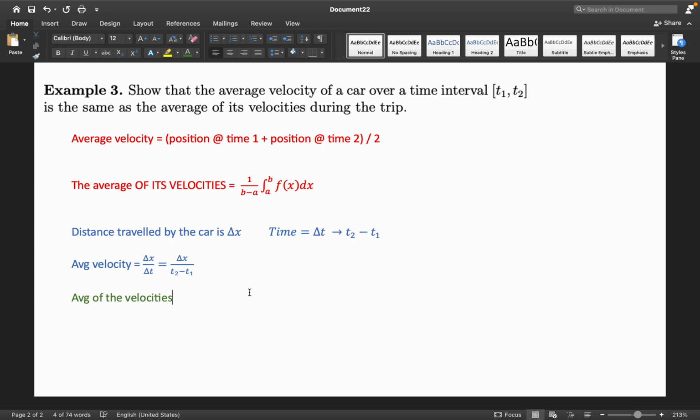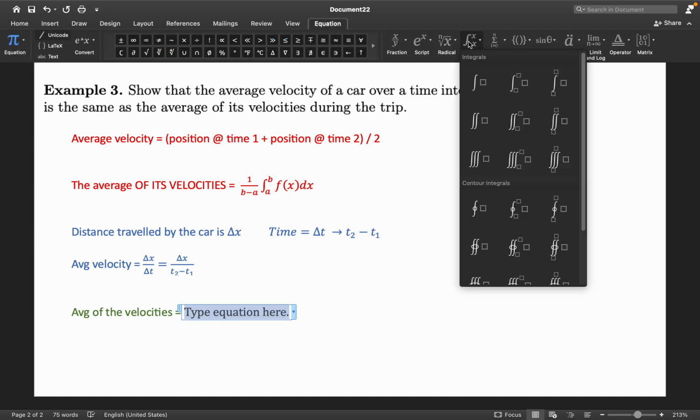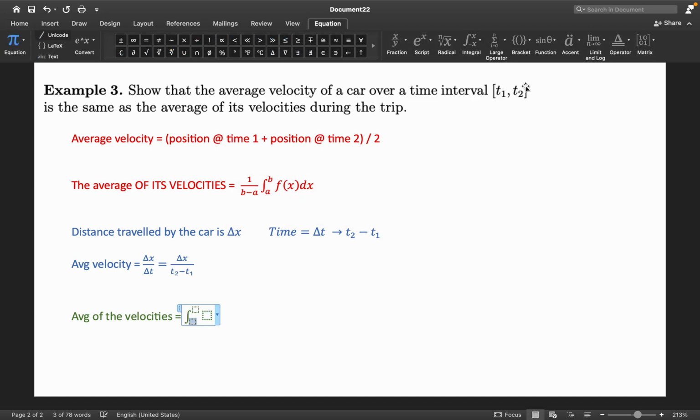I'll do it in green. The average of the velocities is going to be the integral from t1 to t2 of our velocity function with respect to t.